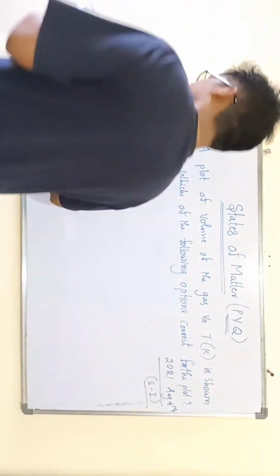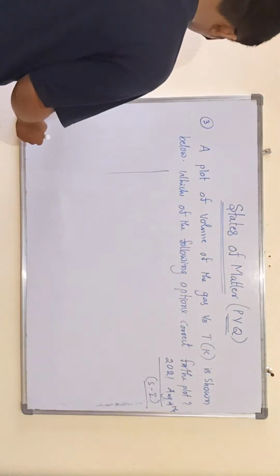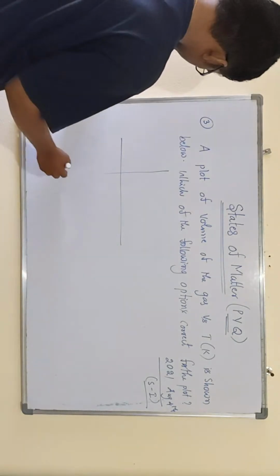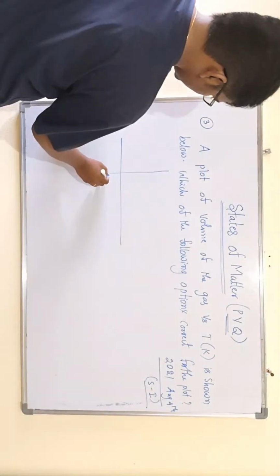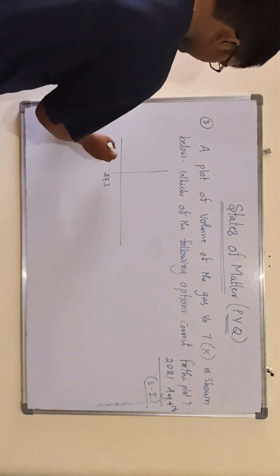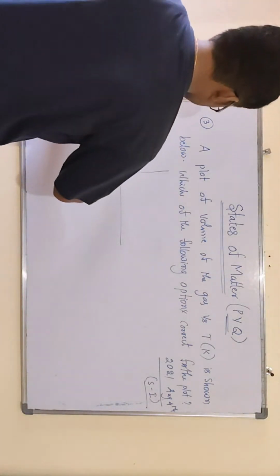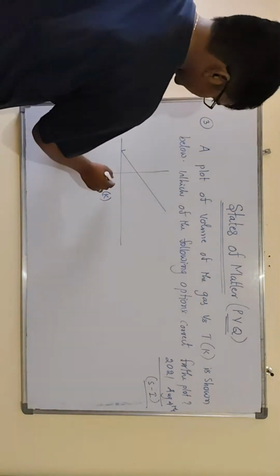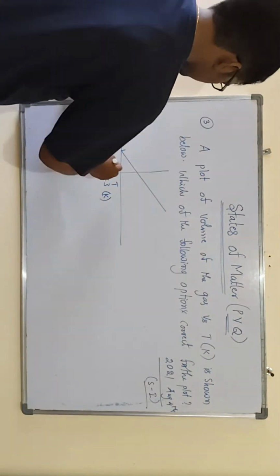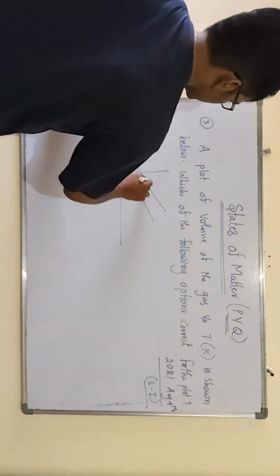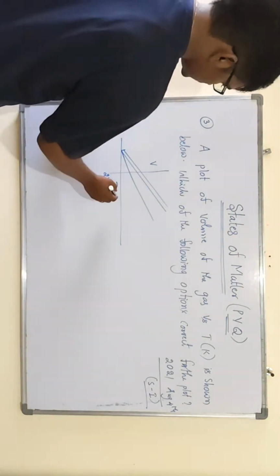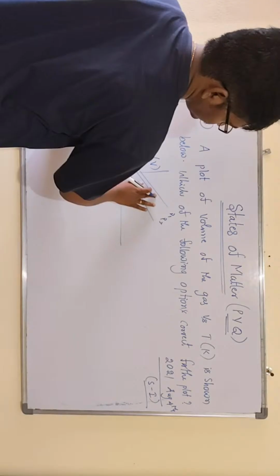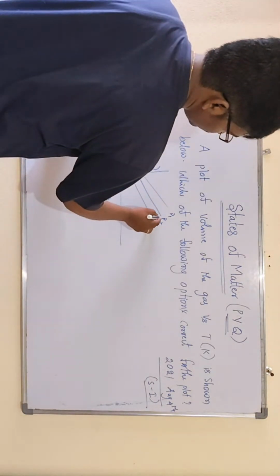Clear? So here one graph is given, with 273 at 0. Only kelvins is mentioned in this case. The temperature is given, and the pressure. So volume versus temperature, and here P1, P2, P3 are mentioned.